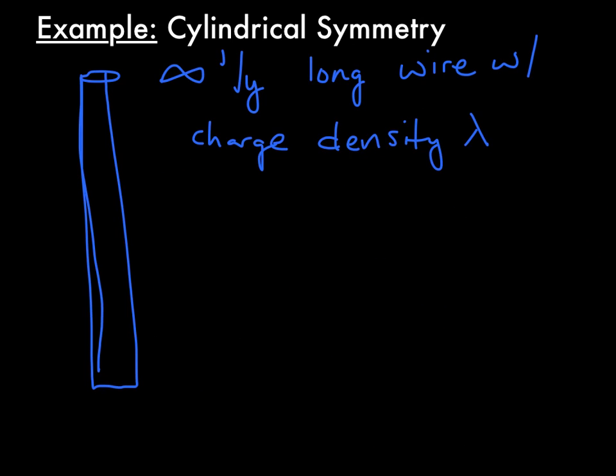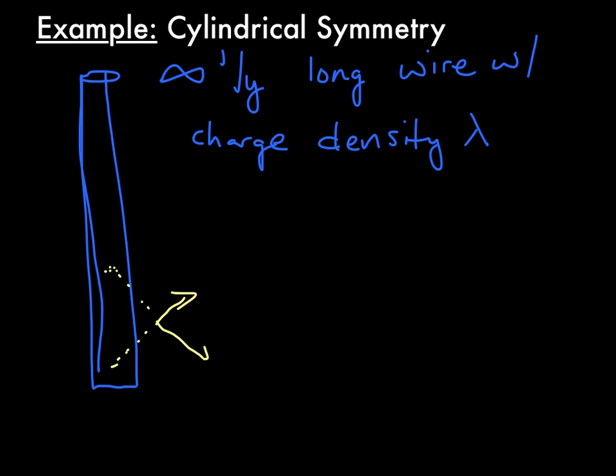So let's say that you have an infinitely long wire with a charge density lambda. Now, this wire is infinitely long, so it's just going to keep on going forever, up and down. But if you'll notice, since it is infinitely long, if you have a field line going like this, you'll have another spot somewhere around, and since it's infinitely long, you'll have infinite of them.